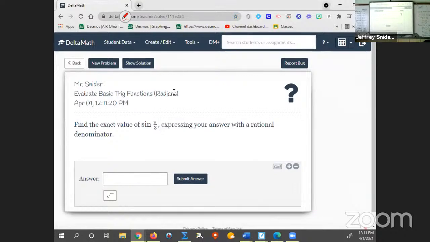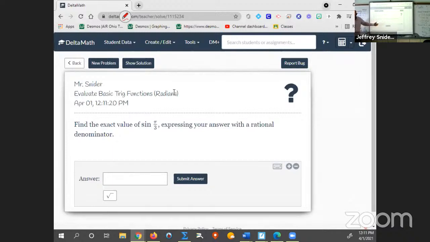So this was the first section, the one on evaluating basic trig functions. I believe all of these were quadrant 1 familiar angles, which meant that I'm asking you to know the unit circle. Why? Because the coordinates on the unit circle are the sine and cosine of the familiar angles. The sine is the y, the cosine is the x, right? That's all this is about.